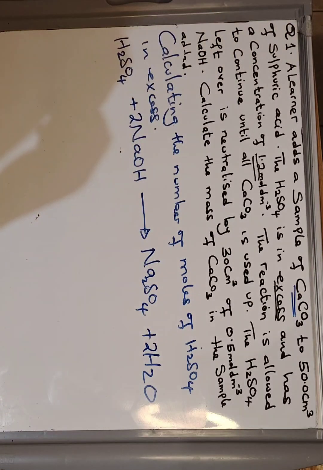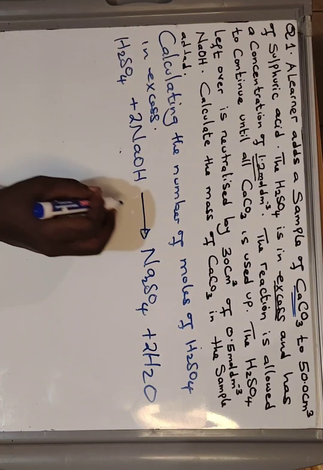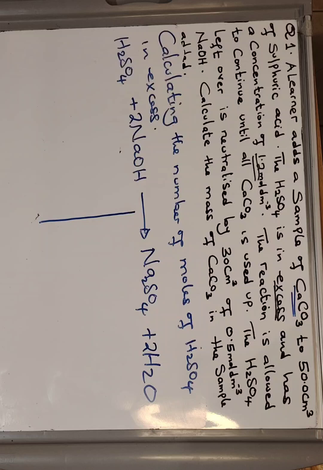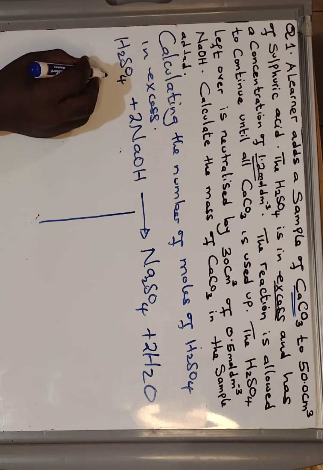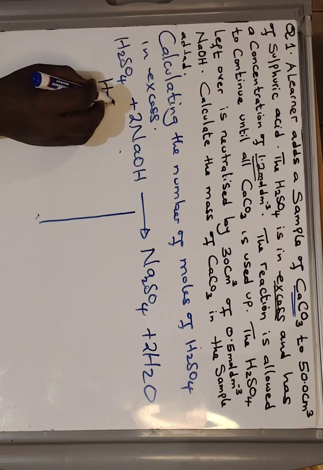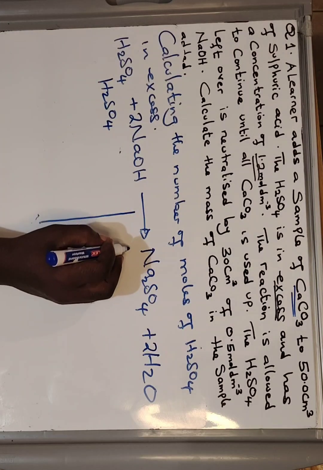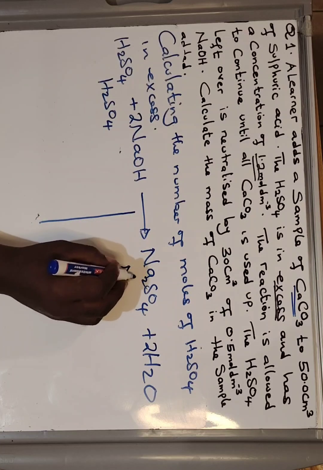The next stage, when you use the simplest method ever, what we normally do, we divide this one into two. This side, let us put sulfuric acid. And this side, let us put sodium hydroxide.